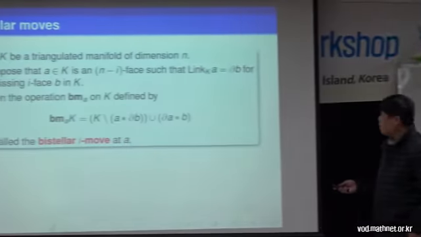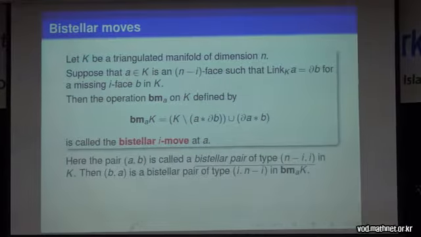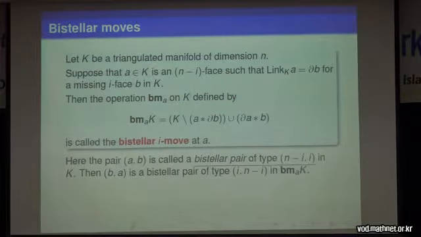Here, the pair. If you want to do a bistellar move, you need this pair. Here we call this pair the bistellar pair. If the ordered pair AB is a bistellar pair, the ordered pair BA is also a bistellar pair, but it is not in the original triangulated manifold, it is just in here.